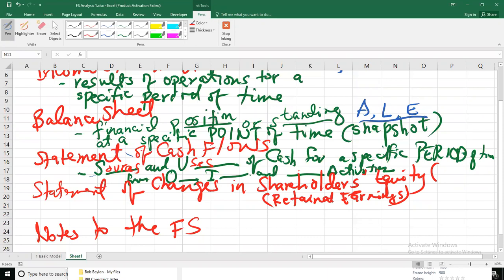Okay, then yung statement of changes in shareholders' equity, this is the movement of the shareholders' accounts, no? So dyan papasok yung common stock at saka retained earnings. Magkano siya at the beginning of the period, and then how much was it at the end of the period.